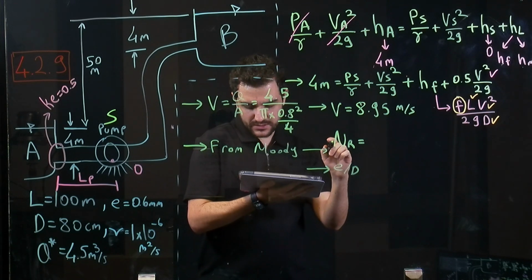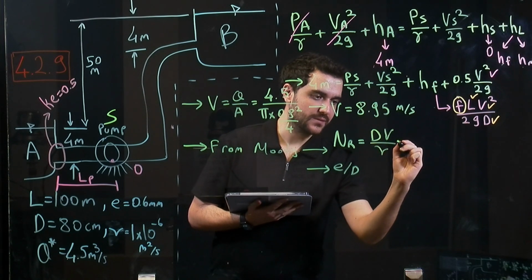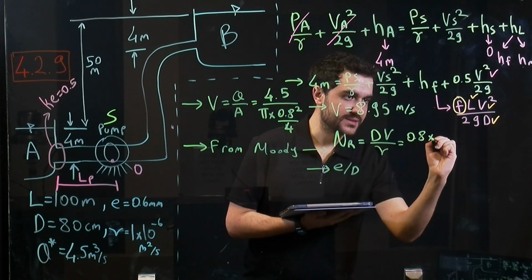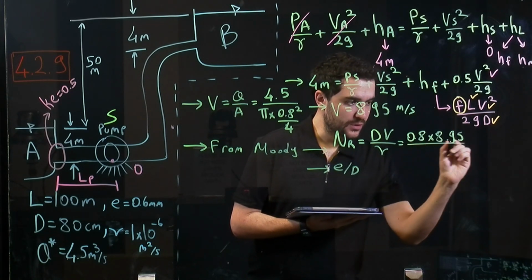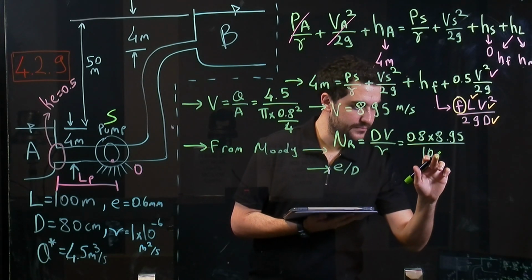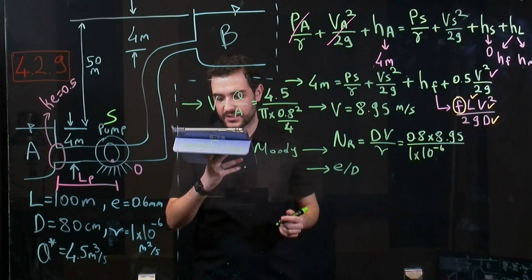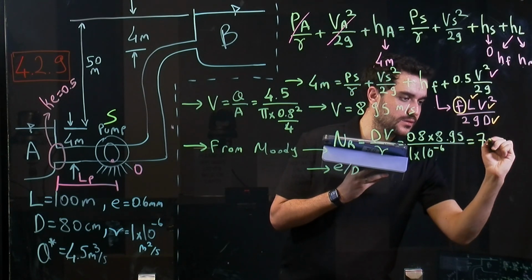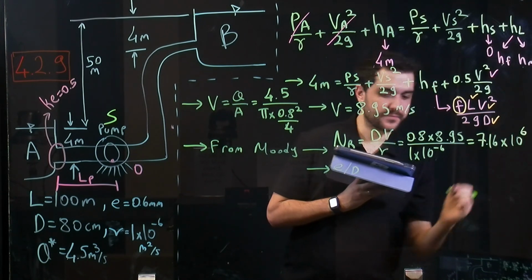And for the Reynolds number, we have diameter times velocity over kinematic viscosity, which is 0.8 times 8.95 over the kinematic viscosity, which gives 7.16 times 10 to the power of 6.